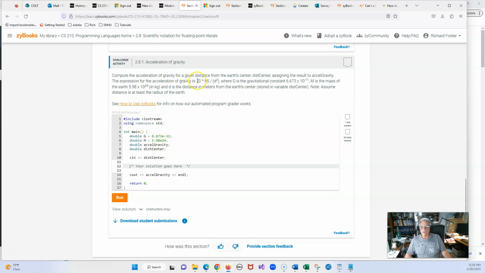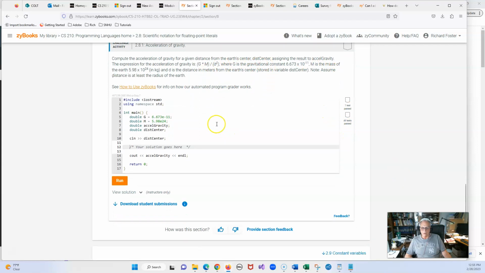So basically you're just doing G times M. Don't worry about what all this nonsense is here. Don't worry about anything else. Just worry about G and M. And so once you get done with that, you are good to go.